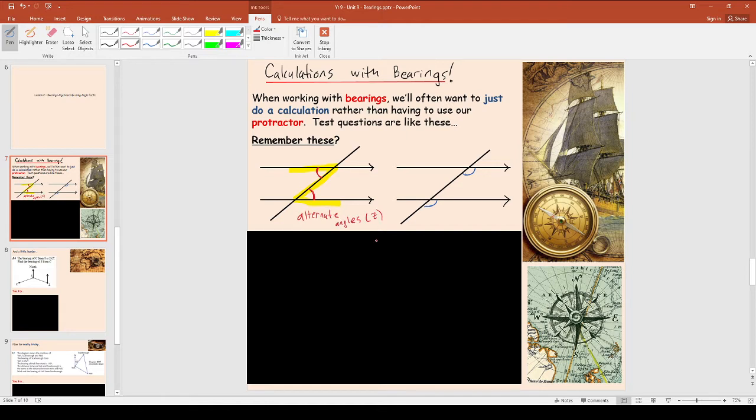Now, I won't go too much into that, because I know that you're probably pretty good at it from last year, from year 8. So here we go, you've got your Z angles. What's the other letter? Do you remember what the other letter is? Well, if you said it's the F angles, you are dead right, my buddies. It is certainly the F angles, which look like that.